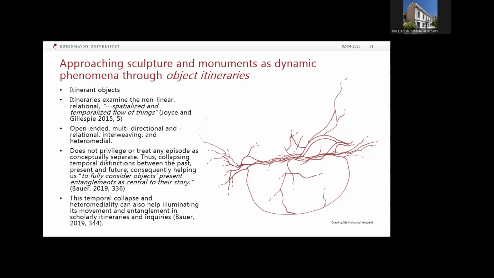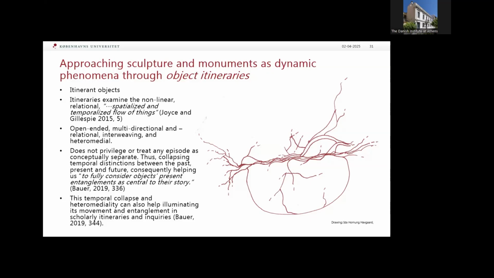And I know this is quite abstract, so I tried to draw it when I started working with this. This is sort of how I could see a potential itinerary looking, with also the possibilities of fragmentations and additions as part of the itinerary of this group.